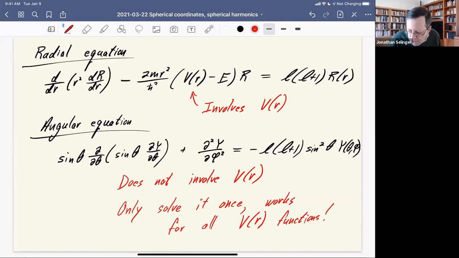To talk about the angular equation, let me tell you things about the solution, and then you can plug them in and check that these things are really solutions.